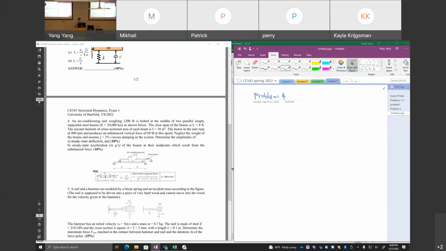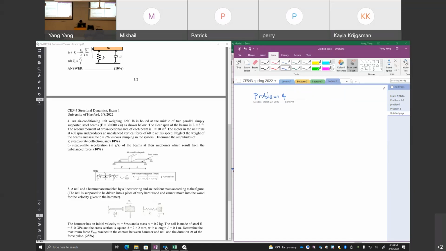If you did check the homework solutions that I shared with you, you should be able to solve this problem correctly. Nothing fancy here. So for problem 4, please refer to your homework solutions. I have also shared the exam 1 solutions on the OneNote file, and you should be able to have access to them.